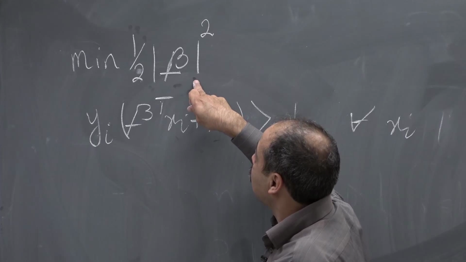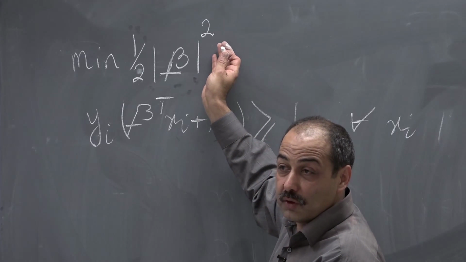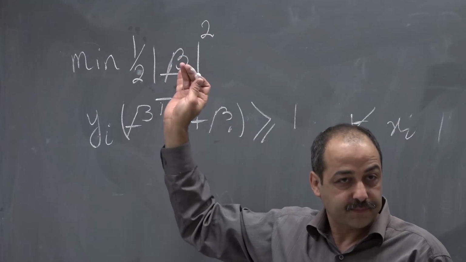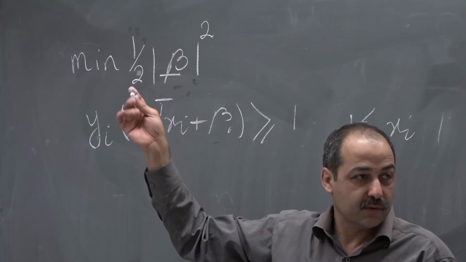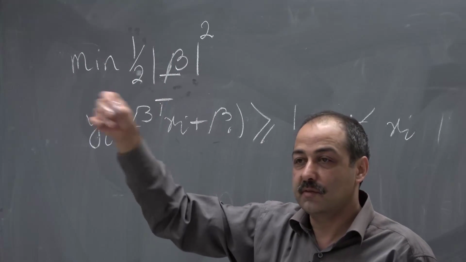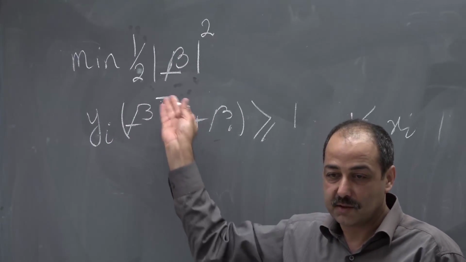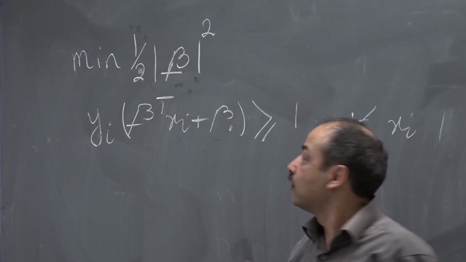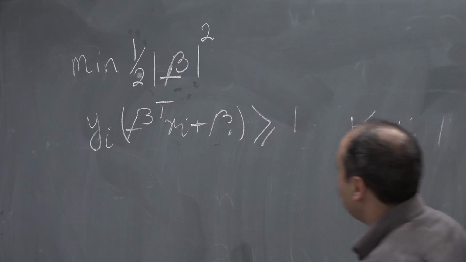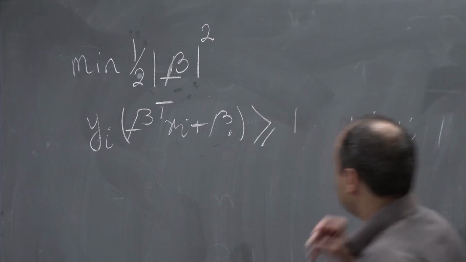And instead of norm 2, I can do norm 1 in principle, but I cannot take the derivative. So I go for norm 2. Norm 1 support vector machine by itself would be a very interesting problem. But this is norm 2, okay? So this is my optimization problem. I have to minimize this subject to this constraint.